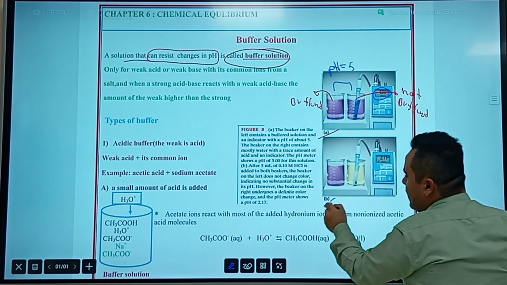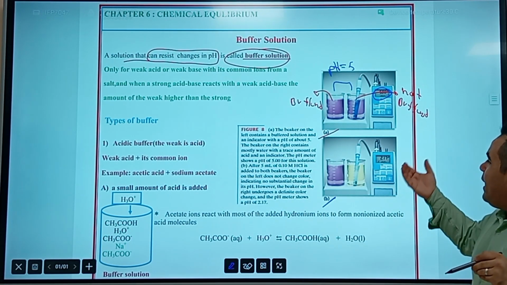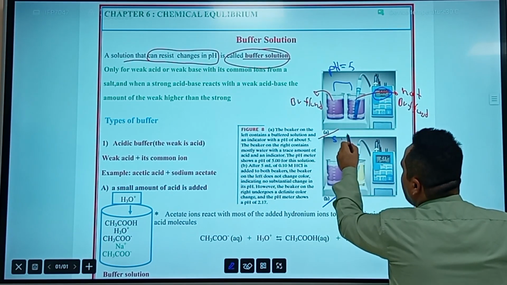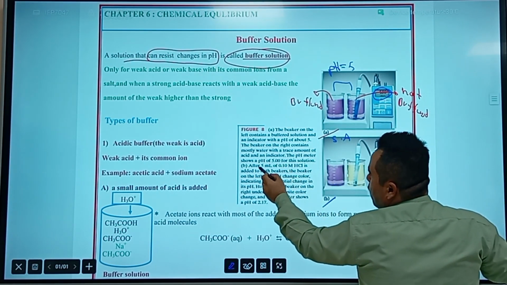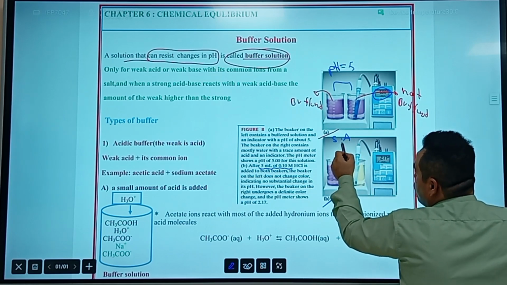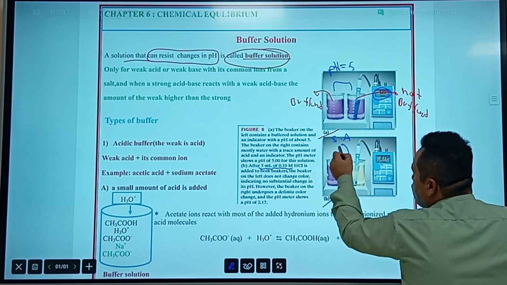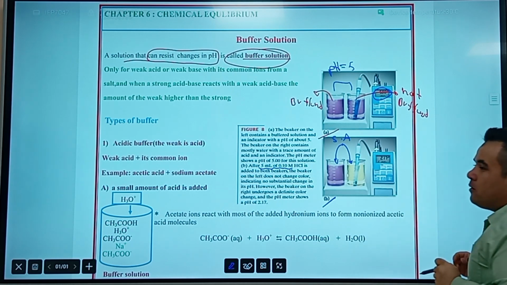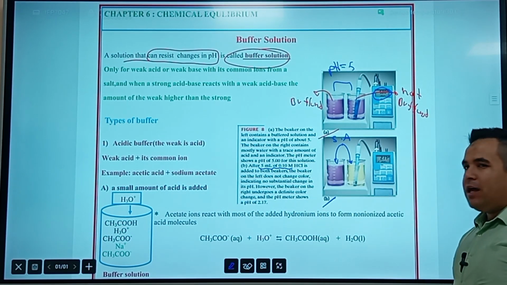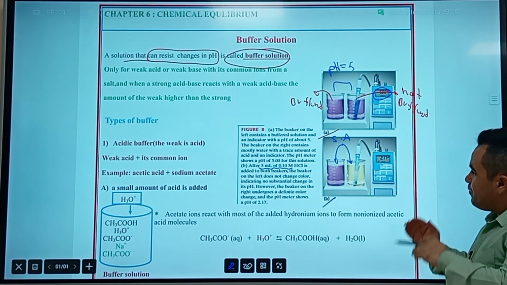In figure B, we added an amount of strong acid, which is given here, 5 milliliters of 0.10 molarity. So an equal amount of strong acid was added to both solutions, the buffered and non-buffered solution.